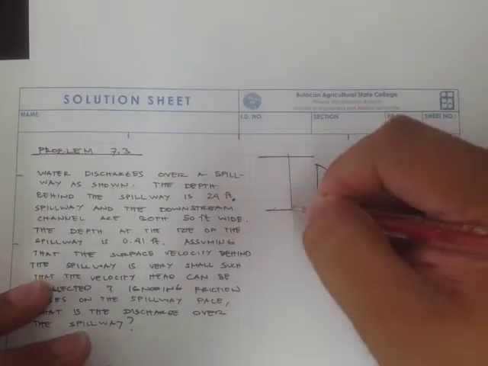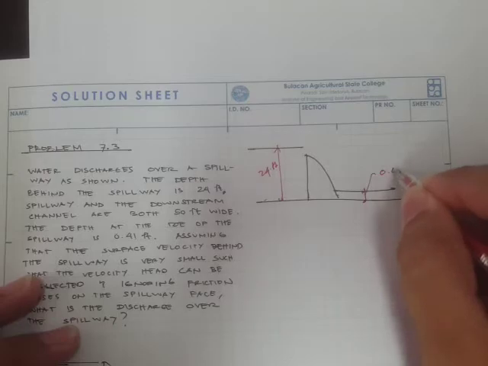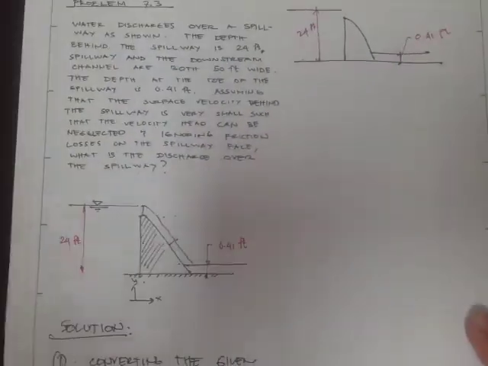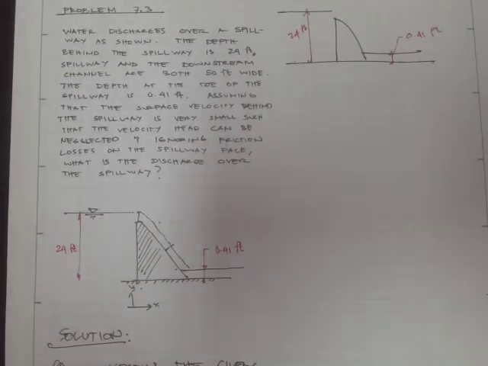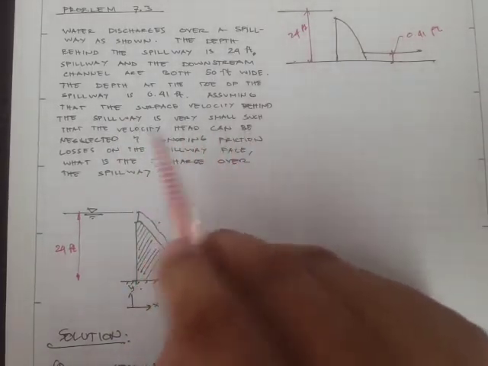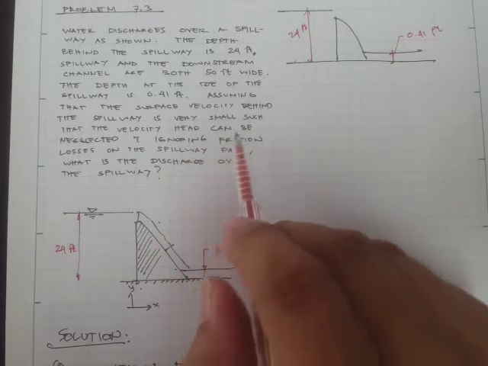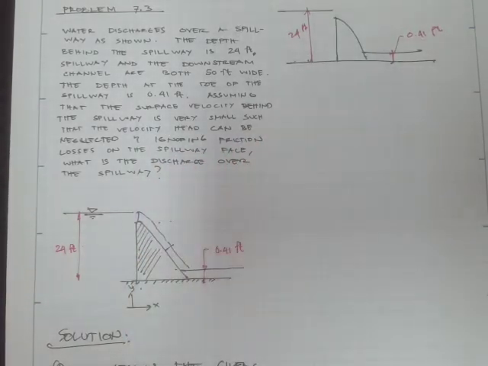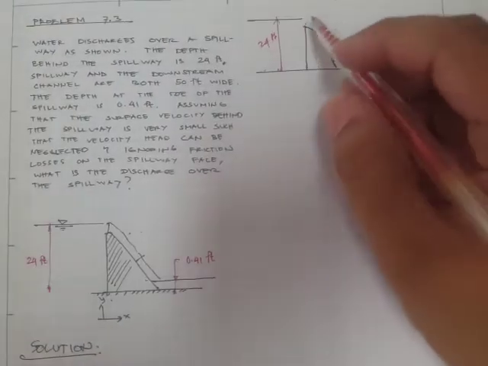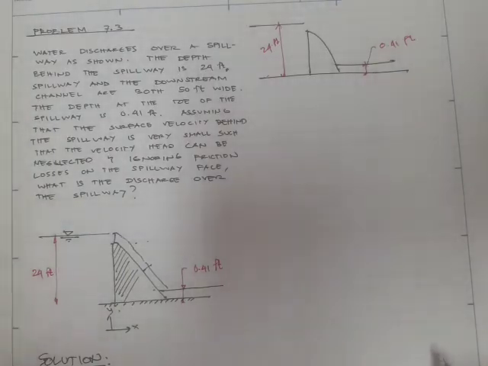Okay, so we have 24 feet, and this is 0.41 feet, and it says here that the surface velocity behind the spillway is very small, such that the velocity head can be neglected, ignoring friction losses on the spillway face. So that means that we have to utilize Bernoulli's equation.